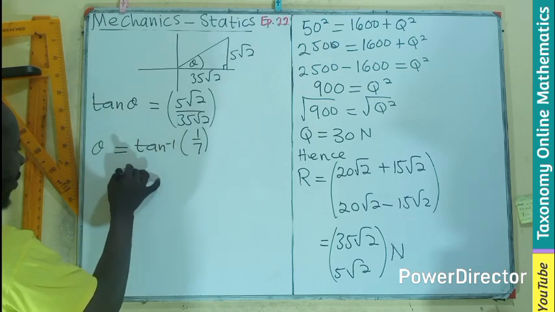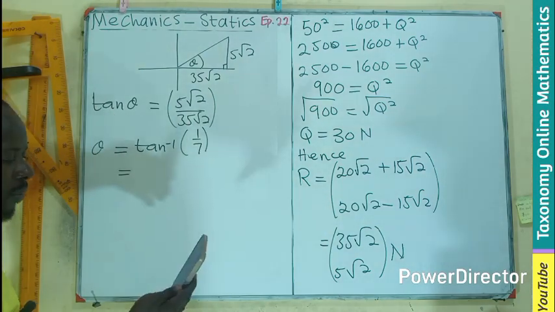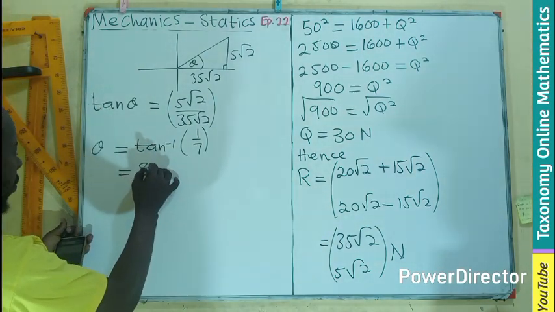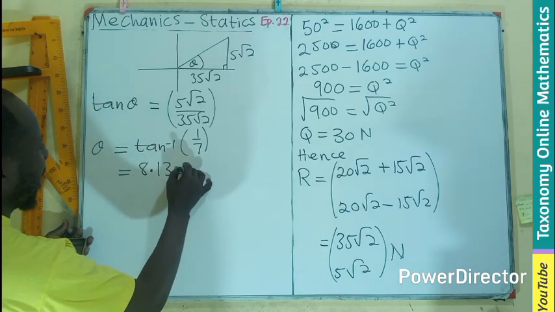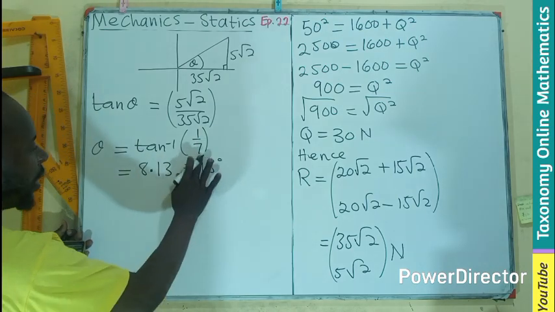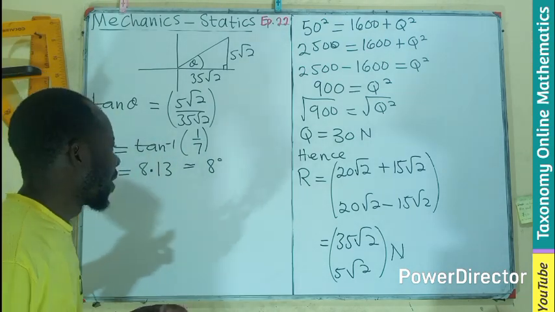Let's see that on the calculator. So from here, we should be having 8.13, which we can approximate as 8 degrees. We were told to leave our answer in the nearest whole number.